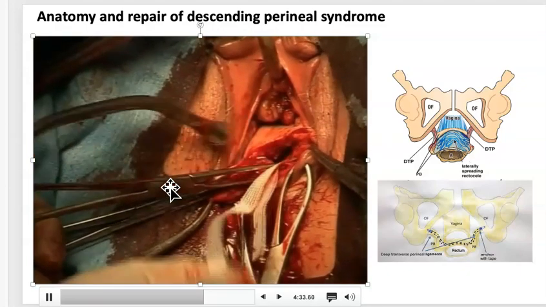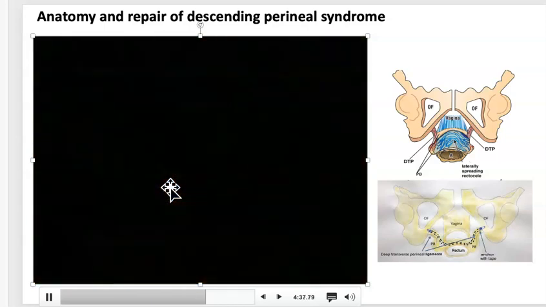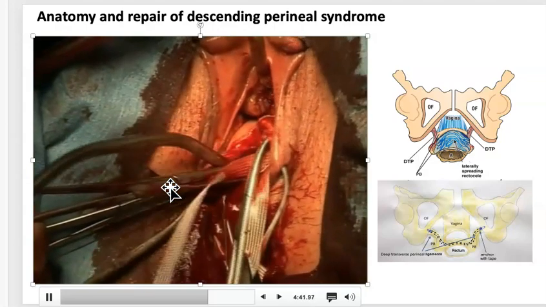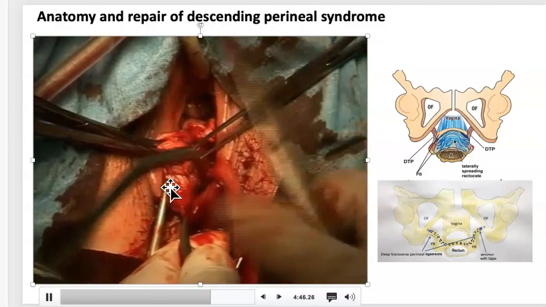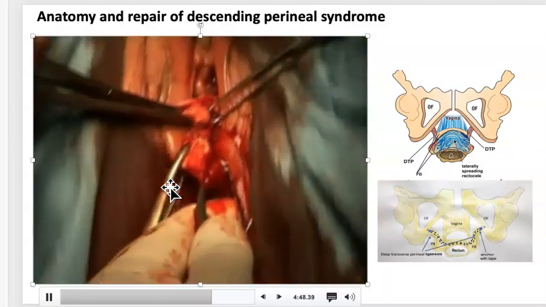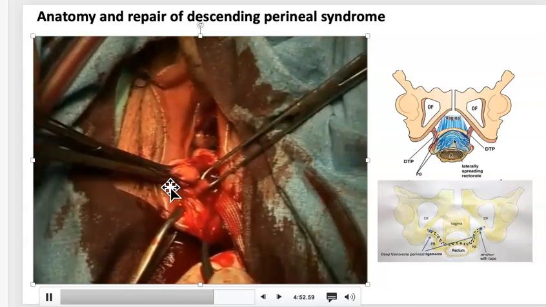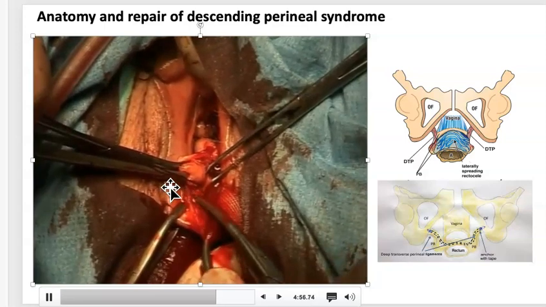Wait 10 seconds and you pull it like that, and we put an artery forceps on the lateral side. So this section is towards the descending ramus, so that's the direction. It's well clear of the rectum.